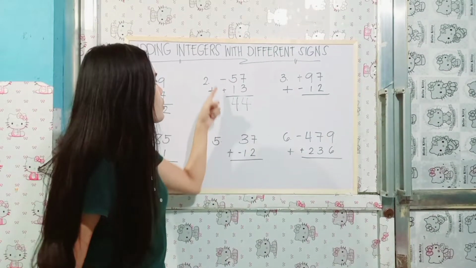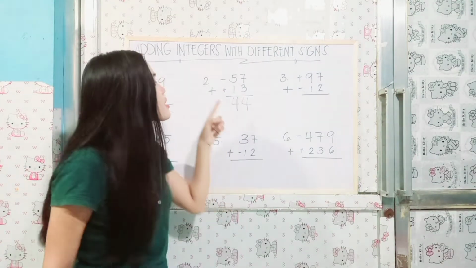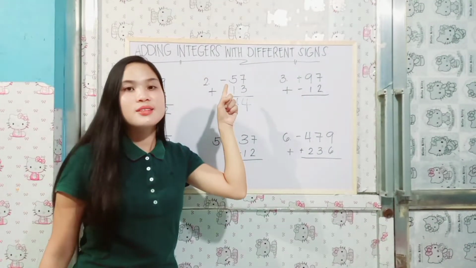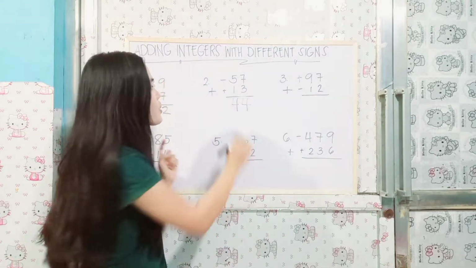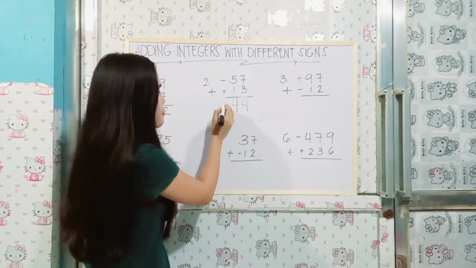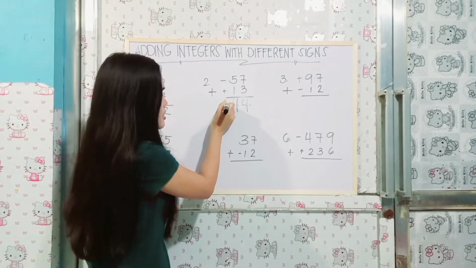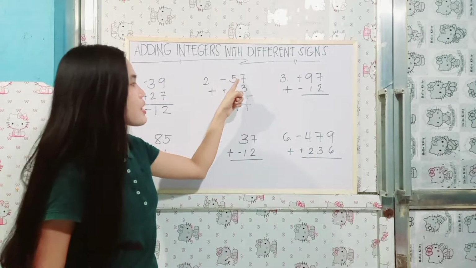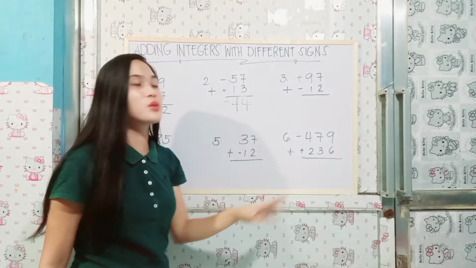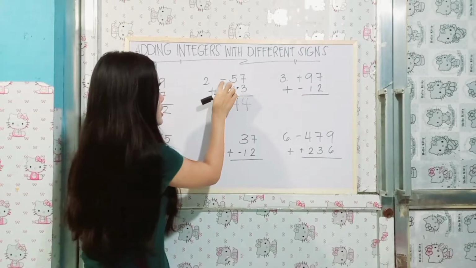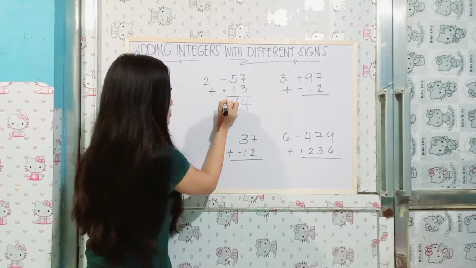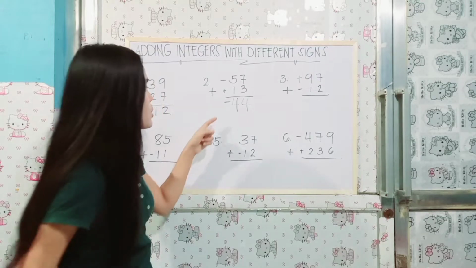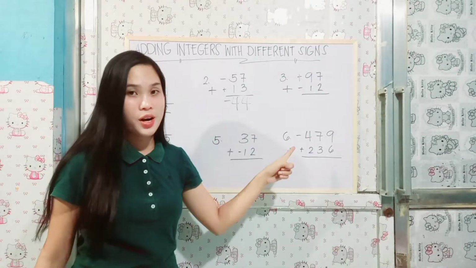And then we will look at our addends. The addend that has greater absolute value, its sign will be affixed in our difference. So since negative 57 has the greater absolute value, we will copy the sign of the negative 57. So our answer will be negative 44.